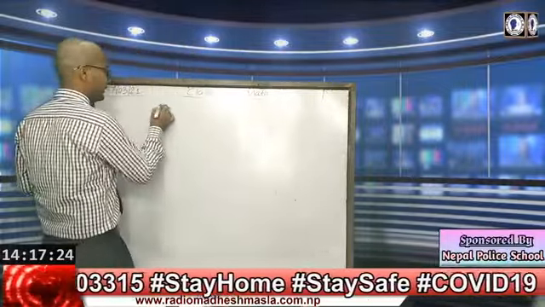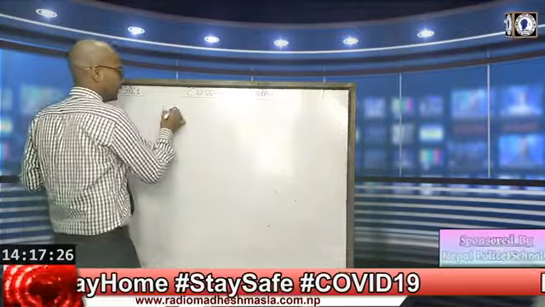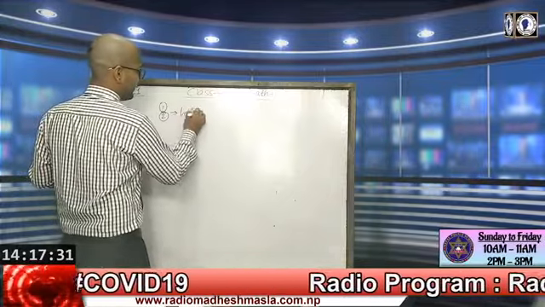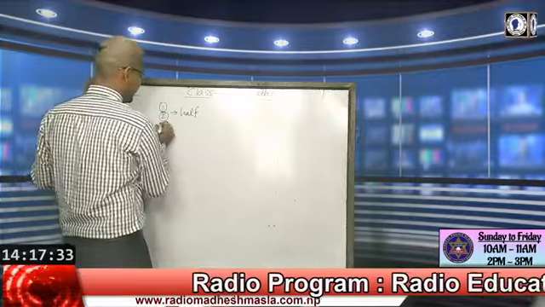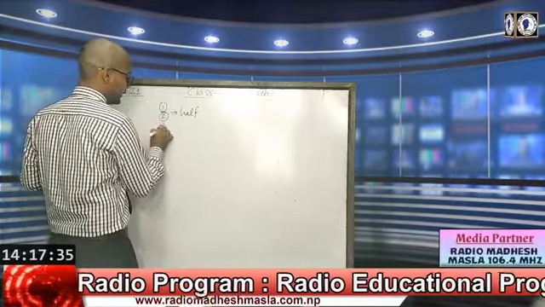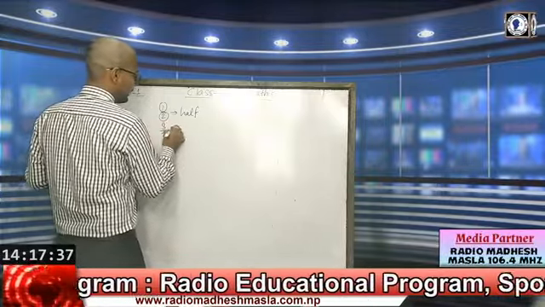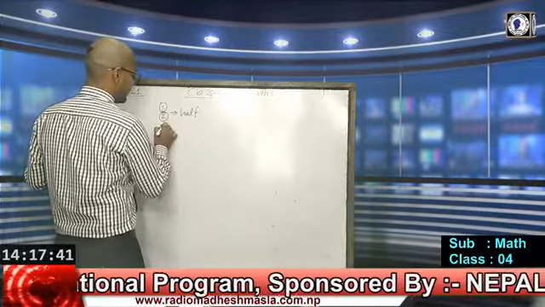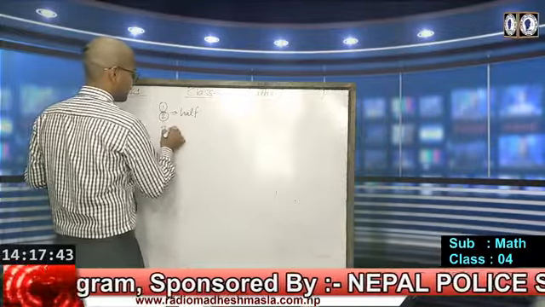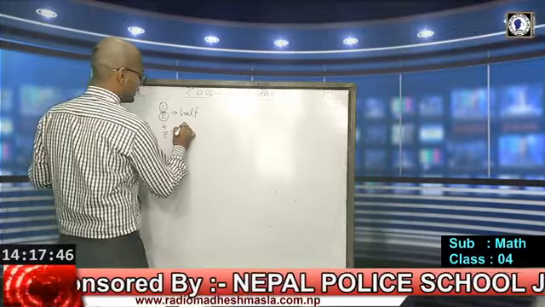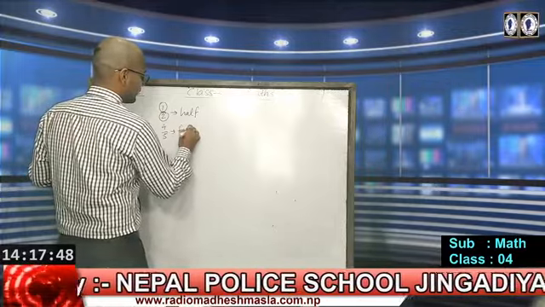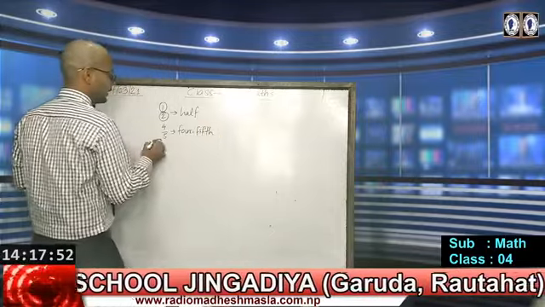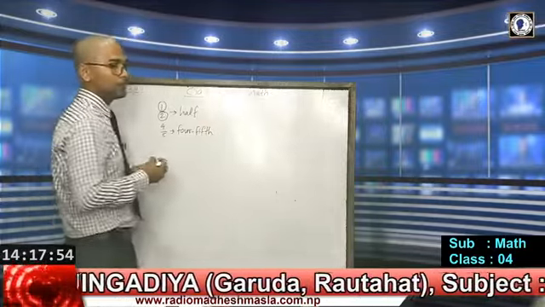Sometimes we are given 1 by 2. As we know, 1 by 2 means half. In the same way, sometimes we are given 3 by 2, or 4 by 5. 3 by 2 means 3/2.